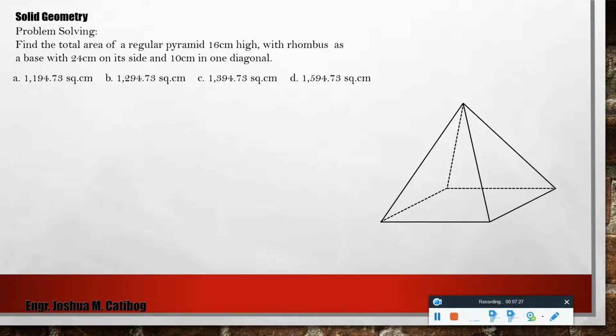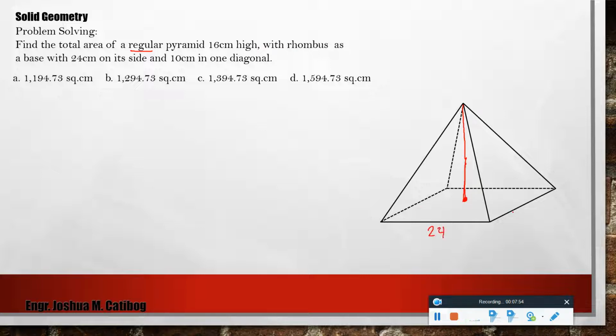Okay, so let's proceed on our problem number 1. Okay, so sabi po dito, find the total area of a regular pyramid. So when we say regular pyramid, okay, all sides ng ating base are equal. Okay, 16 centimeters high, sir. So ito po yung ating height. With rhombus as a base. Sir, rhombus po yung ating base.